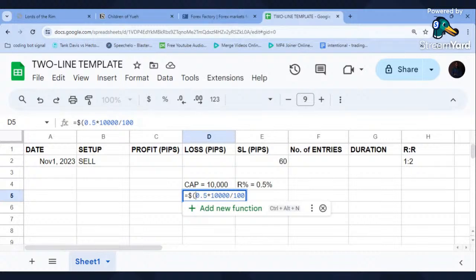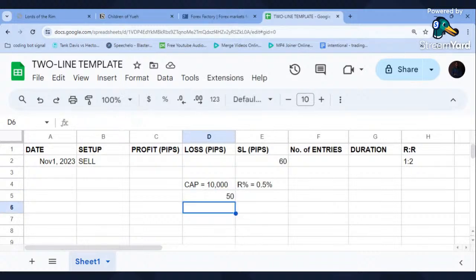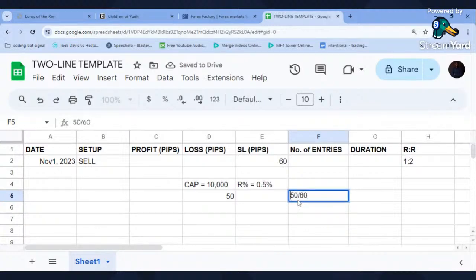So this is $50, and my stop loss is 60 pips. So I just do 50, that's in dollars, divided by 60. I forgot to put my equation. That's 0.833.